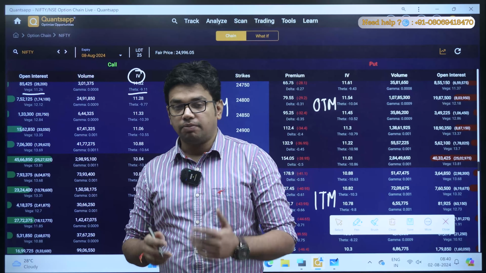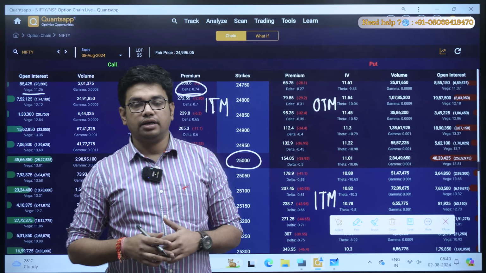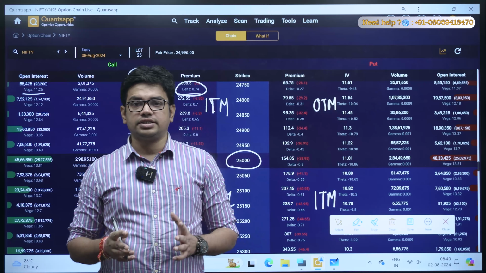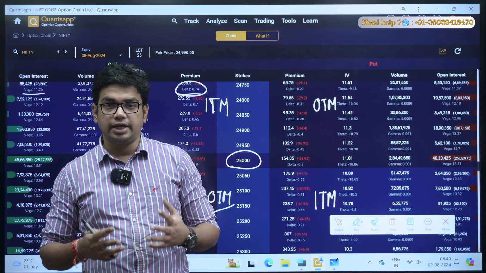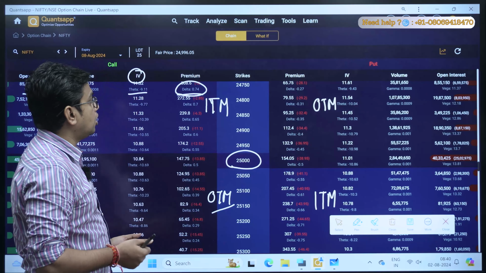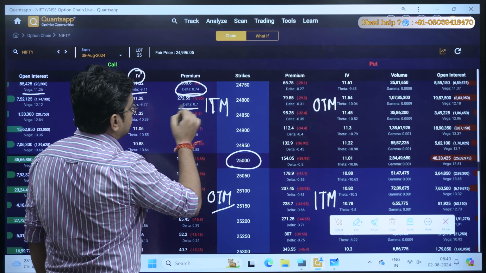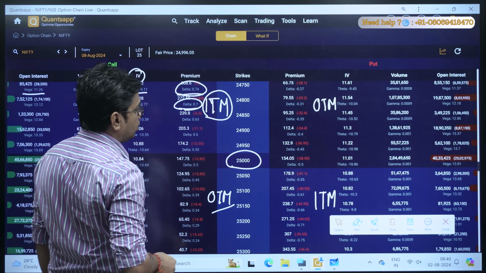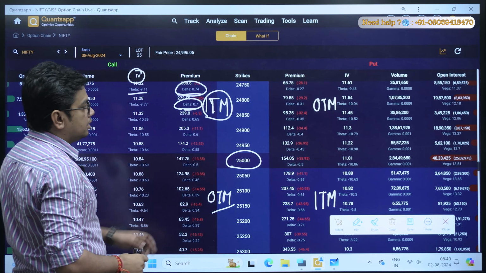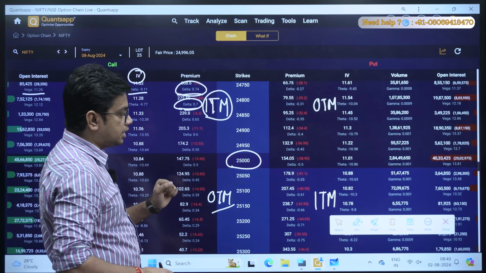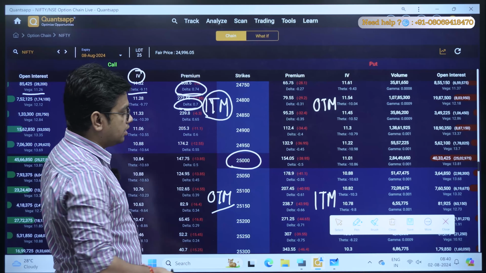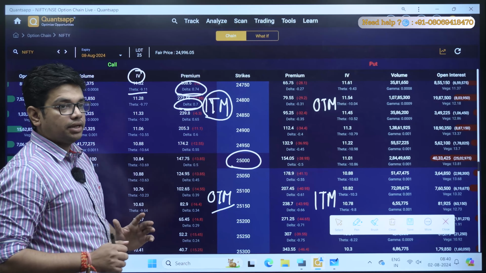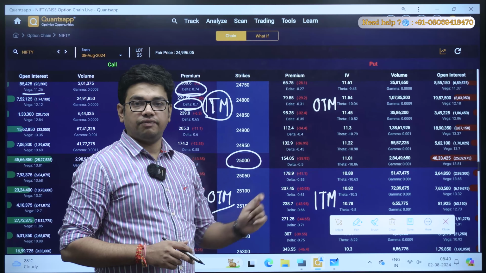That is why, for buying a naked option, whether you are trading intraday or positional, if you are a risk taker going for a naked option position, you can take the ITM, because you will get a huge return as compared to OTM. Let's just say in 2 or 3 days, if the Nifty moves 200 points, it will give you 140 points. But other factors are also there which will affect this price.